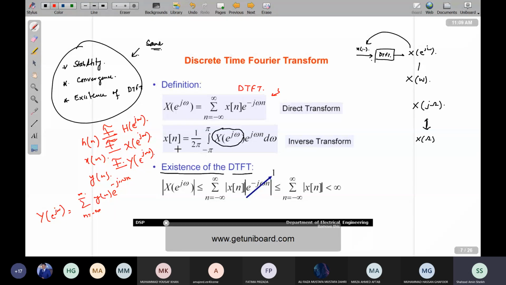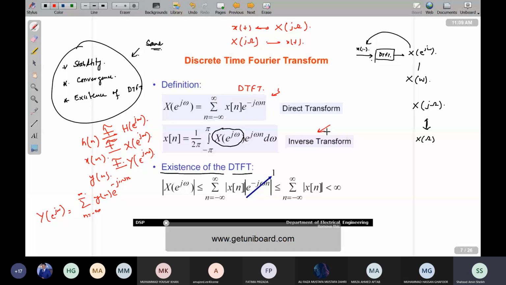And x of n, now if you want it back, as you were doing in your continuous time Fourier transform, moving from x of t to x of j omega, and if you have x of j omega and are interested in knowing x of t, what to do in that case? That was the inverse continuous time Fourier transform.